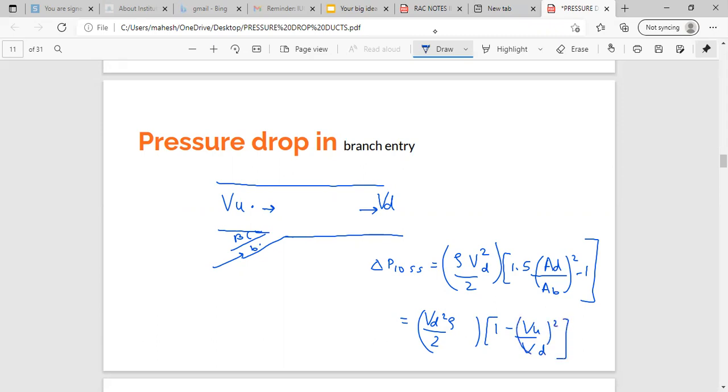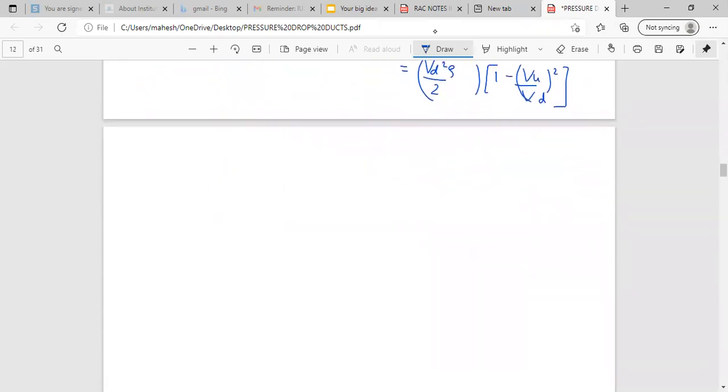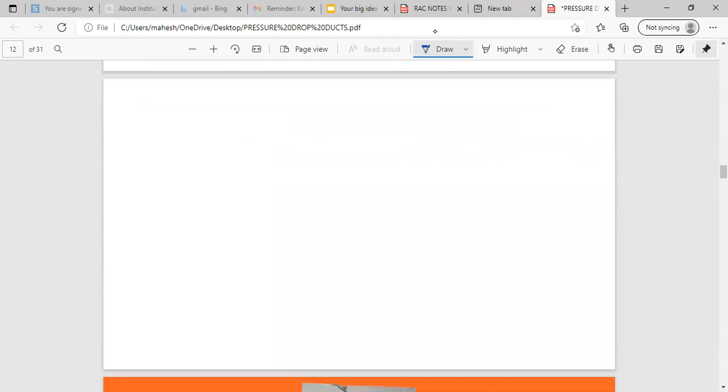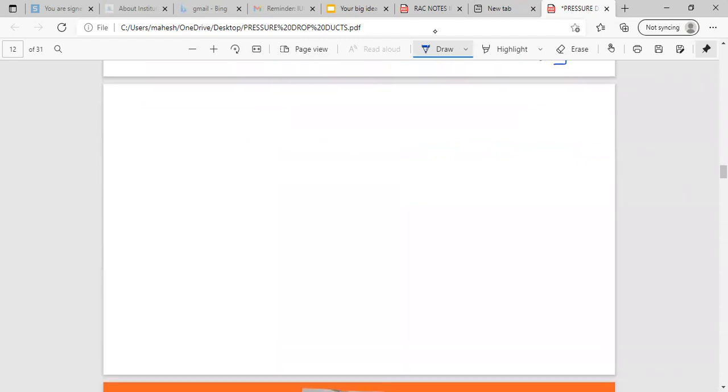All in all, just to summarize whatever we have discussed, we have discussed very important aspects. That is, we have discussed how to calculate the pressure drop in the fittings, and you'll always find that this pressure drop in the fittings is expressed in terms of loss coefficient into the velocity head.